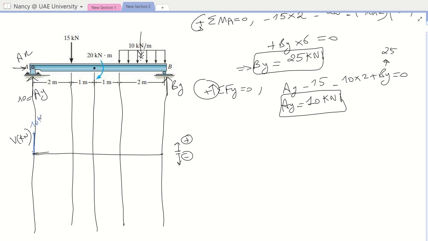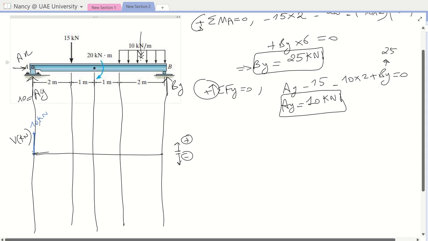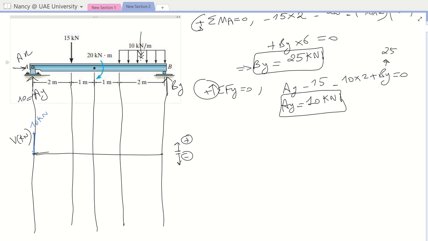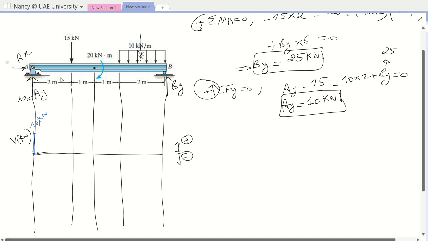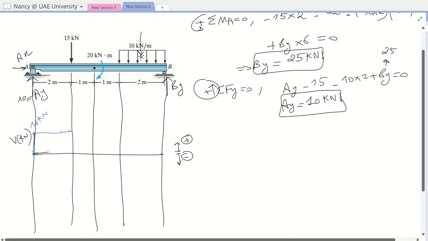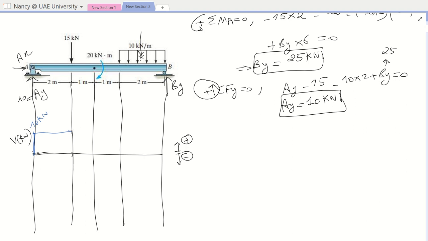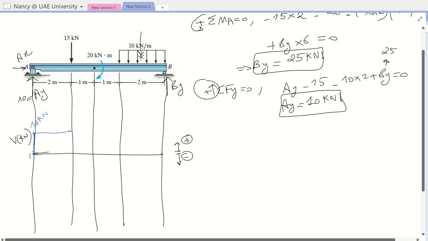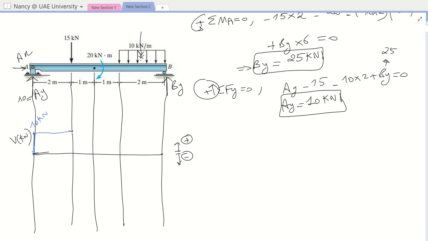Between point A and the 15 kilonewton, we don't have any change in the load, so we continue constant. Then I have a downward 15 kilonewton concentrated load, so I need to go down by 15, and already here I have 10, so I will be going down until minus 5.